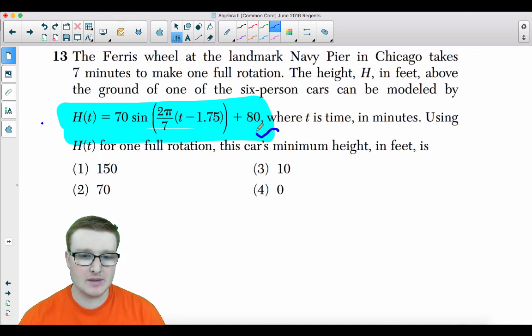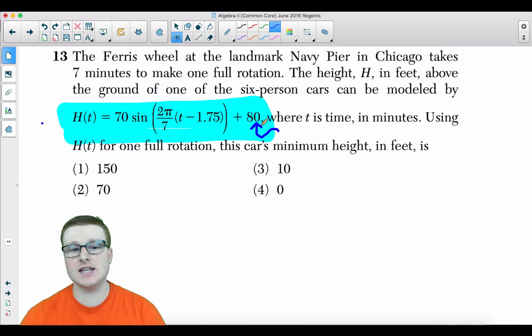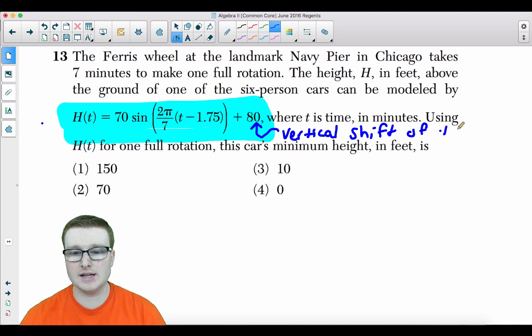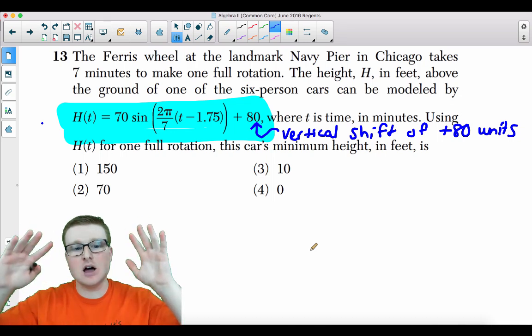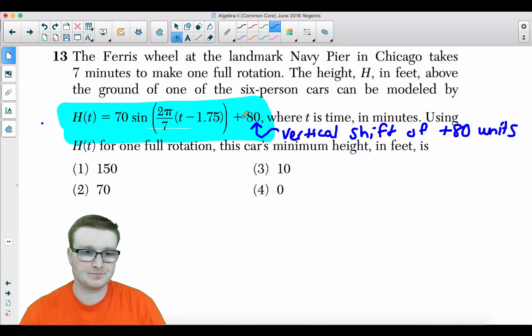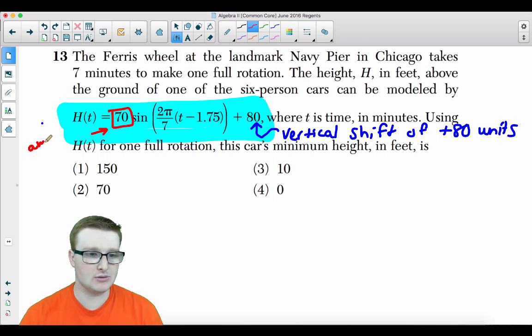That plus 80 represents a vertical shift of plus 80 units. So that means if you're starting at the origin, this goes 80 above the origin. This 70 that you see right here represents the amplitude.